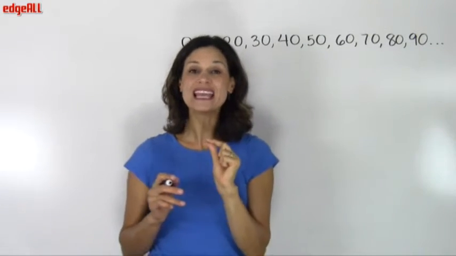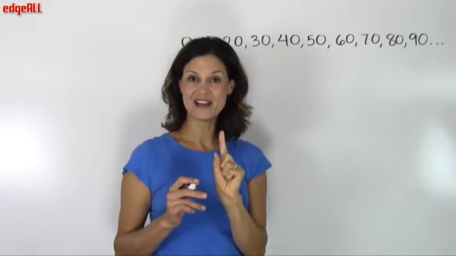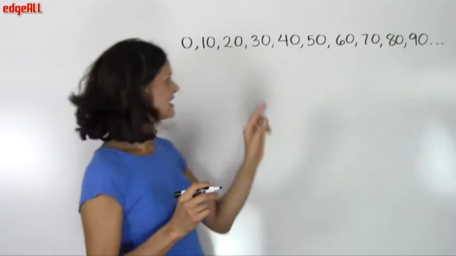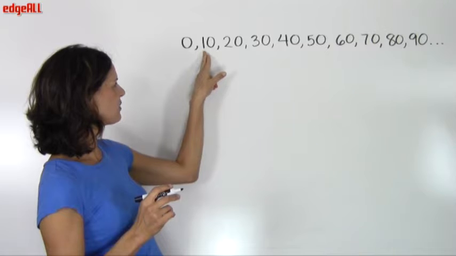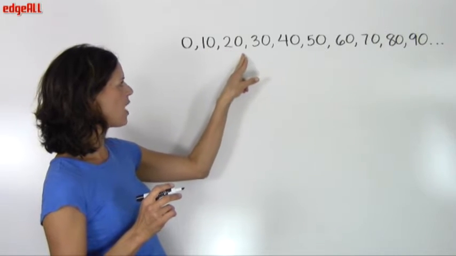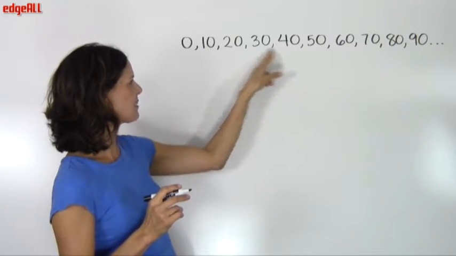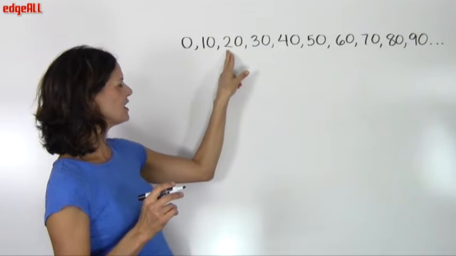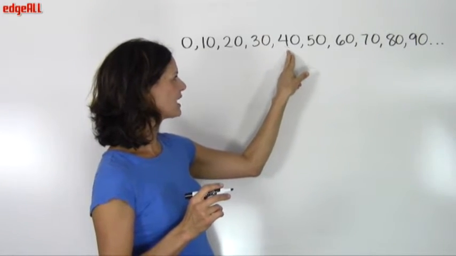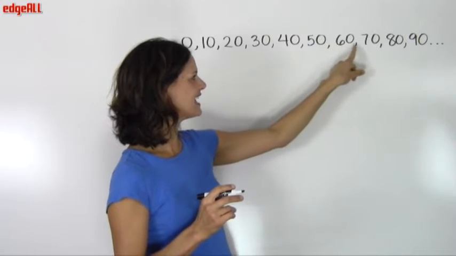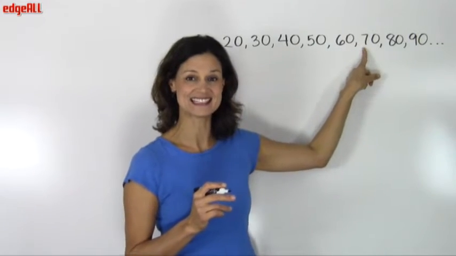We are only counting by 1 for the tens place. If you look carefully at the tens place, you can see that we're going up by one number at a time, from 1 to 2, from 2 to 3, from 3 to 4. We're counting by 1 in the tens place.